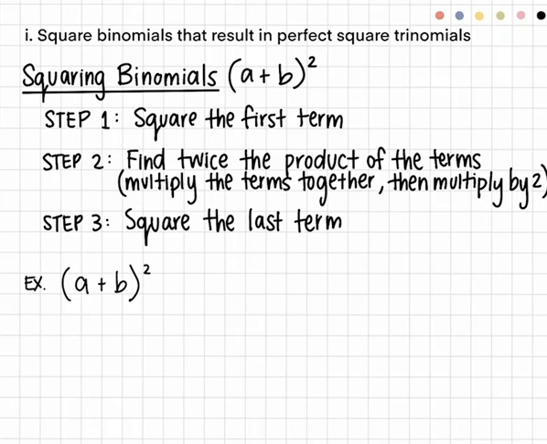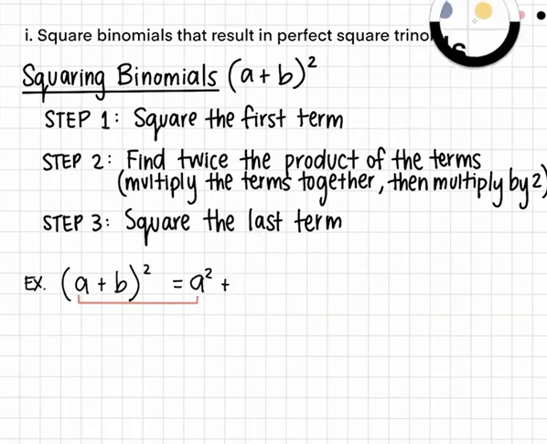If we follow step 1, we have to square the first term. So if we square the first term, which is a, we're going to get a squared. Then for step 2, we have to multiply these two terms together and then multiply by 2.